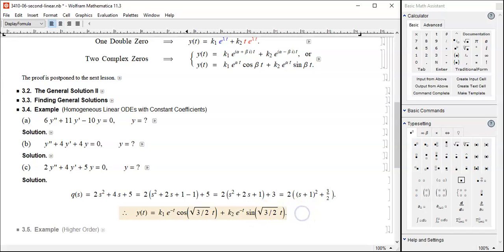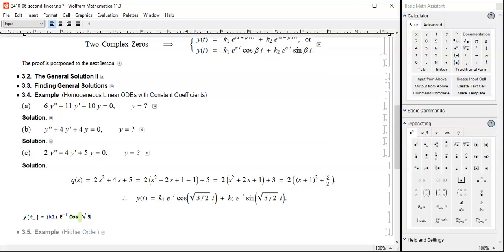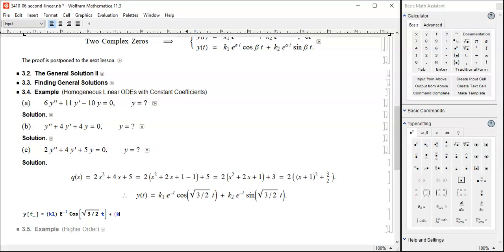And that's going to be the general solution that I'm looking for. Shall we check? Is K1 e to the negative t times cosine of square root of 3/2 times t plus K2 exponential of negative t times sine of square root of 3/2 t.